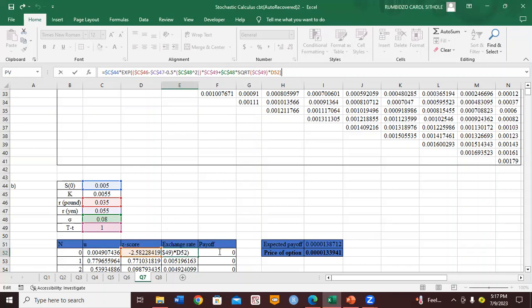Then to calculate, you double click it so that it does for all the 100,000.